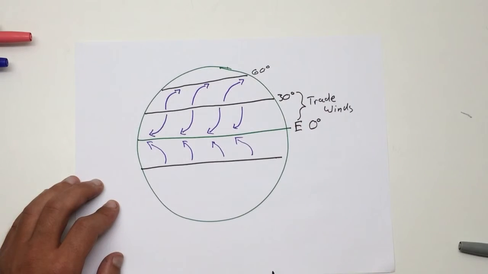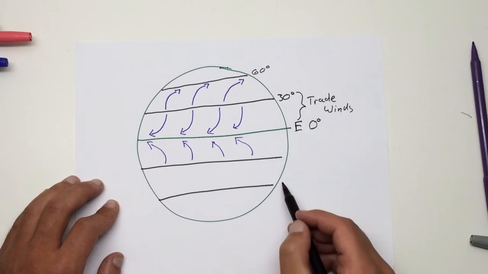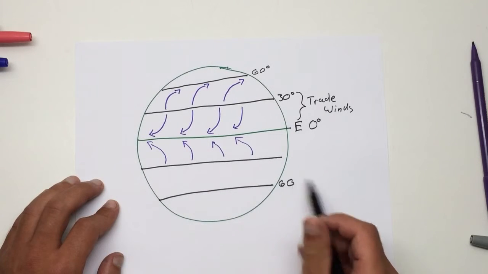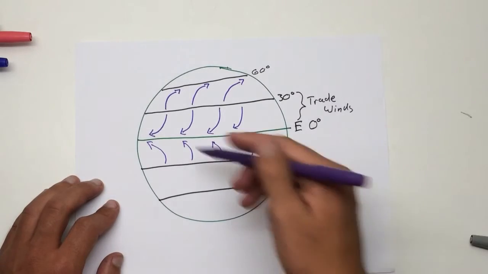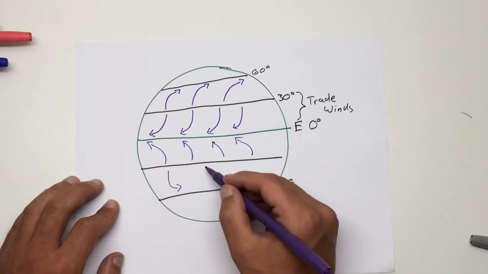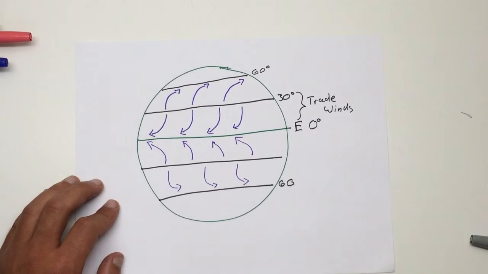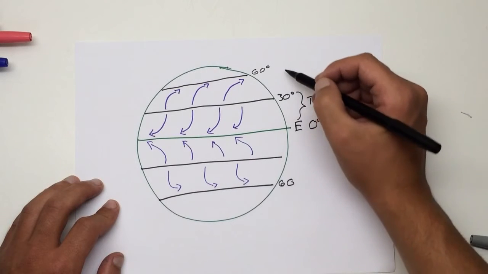And they curve in that direction. The same thing happens in the south, except they move down towards the South Pole and curve to the east like this. So again, these are called our westerlies.